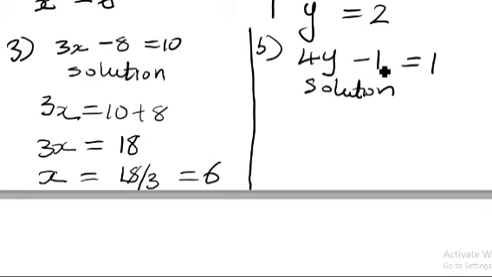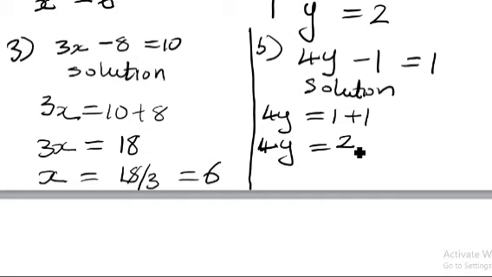Here the same thing. Let's transfer this to the right side. I'll have 4y equal to 1 plus 1, so 4y equal to 2. We do the same thing, divide both sides by the coefficient of y, which is 4.